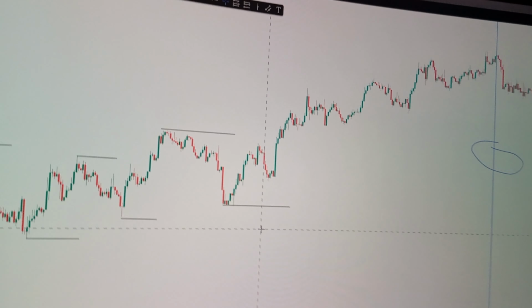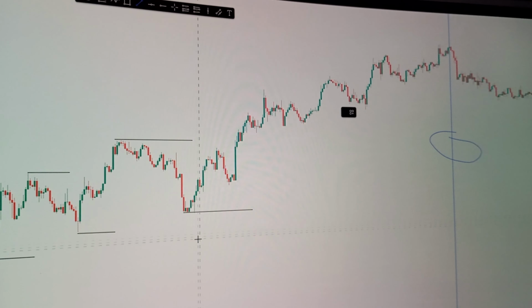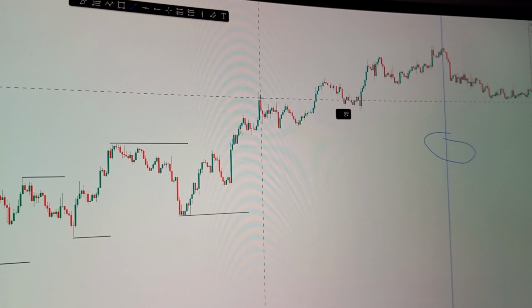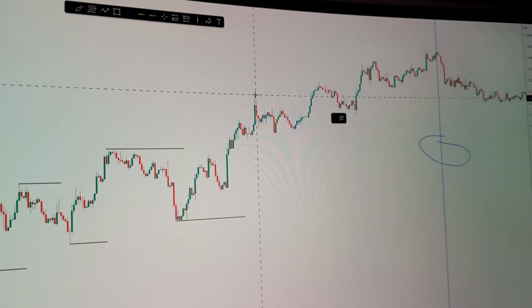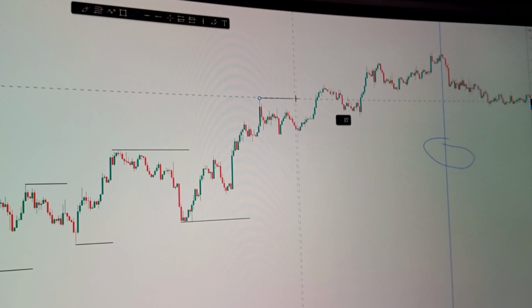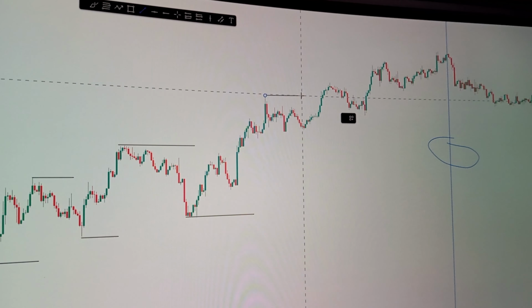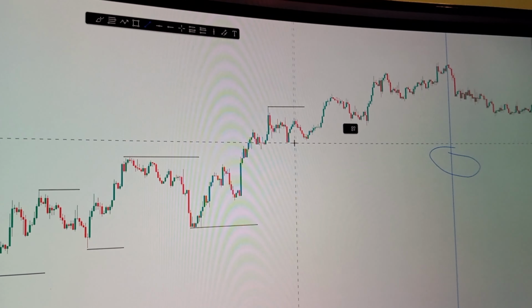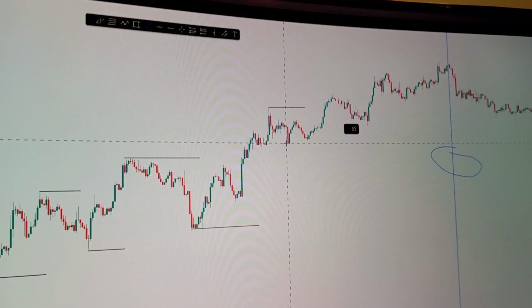You can see it, guys. After a higher low, the market buys up to give you a very sweet high right here. A sweet high gives you this high right here. And after this high, the market sold from here to give you this low.